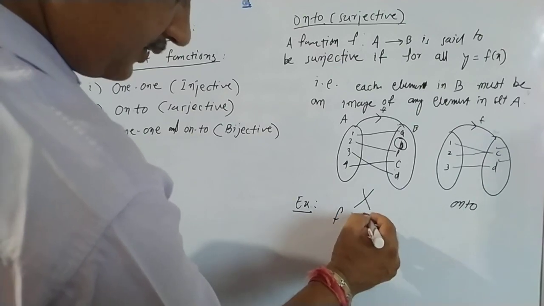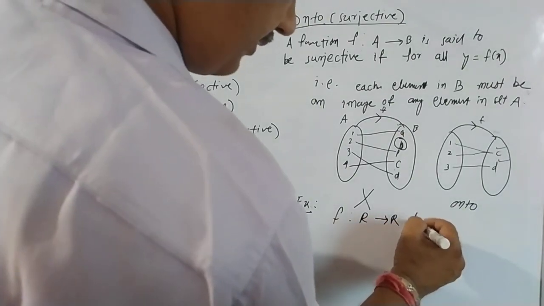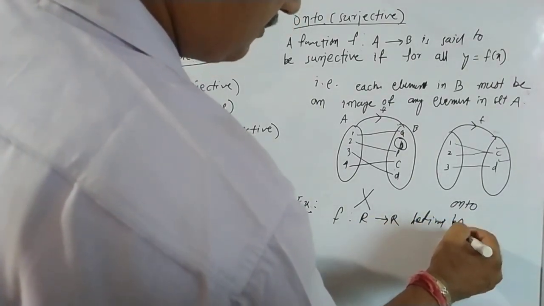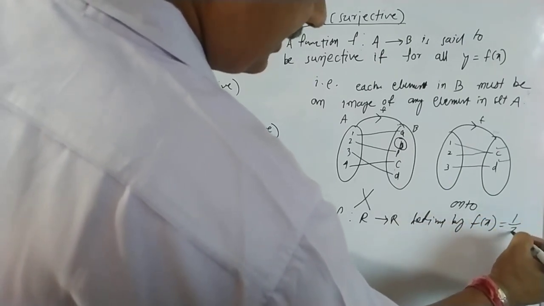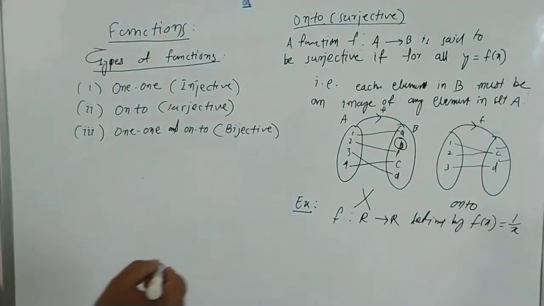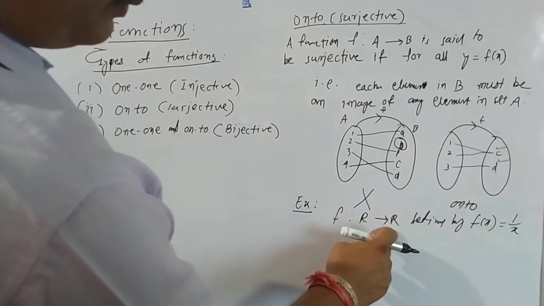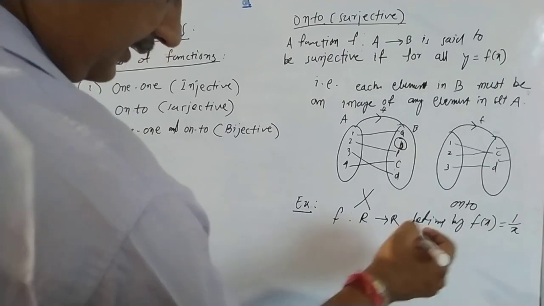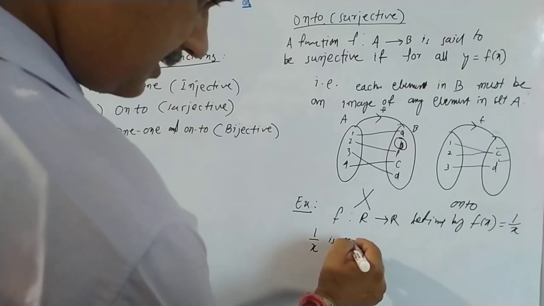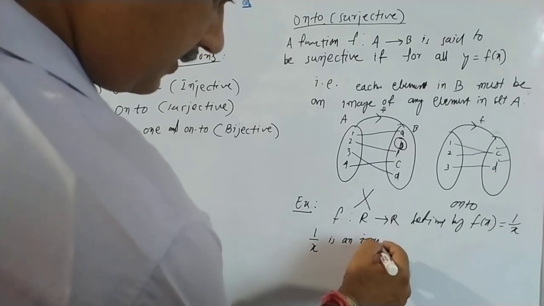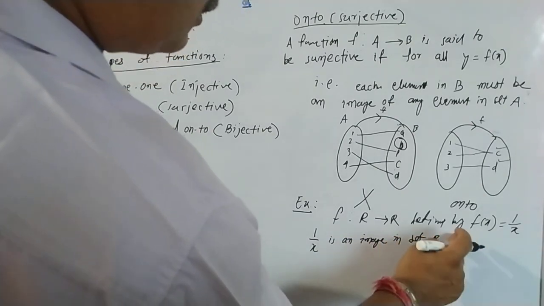f, a relation from R to R, defined by f of x is equal to 1 by x, and this is the set of real numbers. Now we have to check whether 1 by x is an image in set R or not.